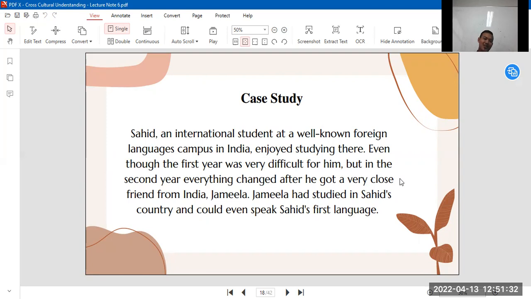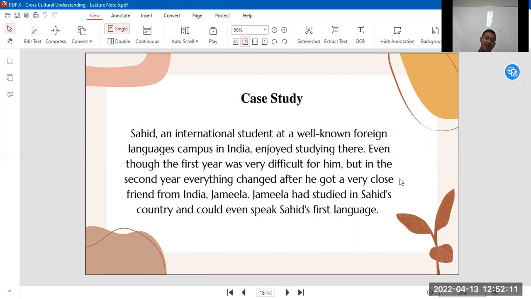Well, we also express ourselves through a variety of verbal messages, right? And through the language that Jamila mastered here. It makes Sahid feel like we have the same identity, like we are close, we have the same sense, the same feeling, because of the verbal behavior here.